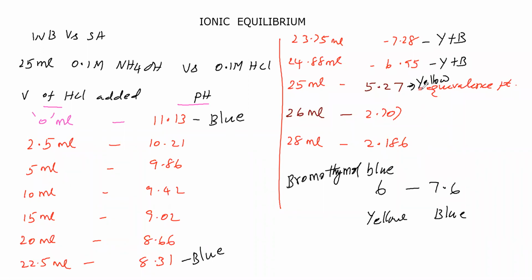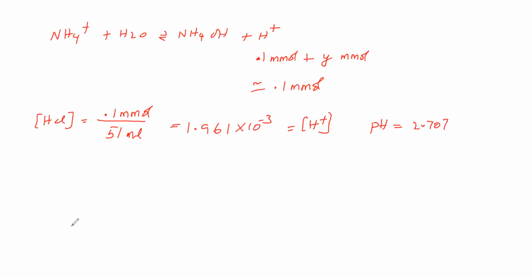Okay, sir. Next titration we will take: weak acid versus weak base titration. Now, we will discuss the titrations we have discussed so far. One titration is strong acid versus strong base titration. Here near the equivalence point, pH changed drastically, isn't it?